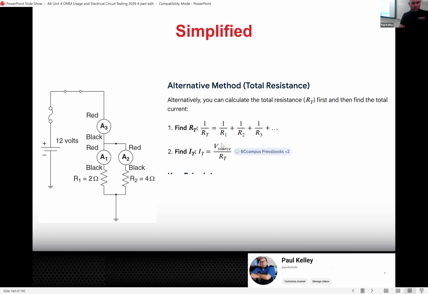So resistor number 1 is 2. That would be 1/2 plus resistor number 4 is 4. So it'd be 1 over 4. That's a quarter. So it's like a half plus a quarter. And then you'd have to get rid of the 1 over, and then you could get your actual resistance.